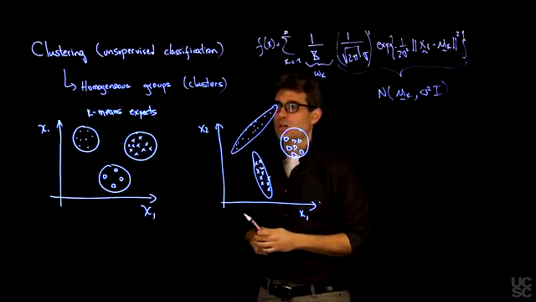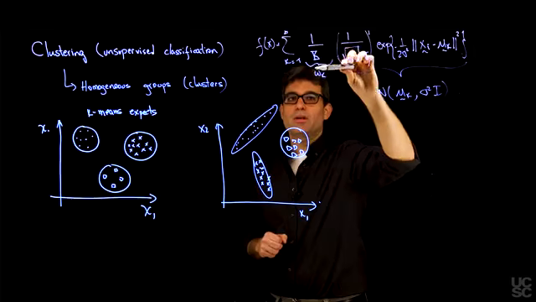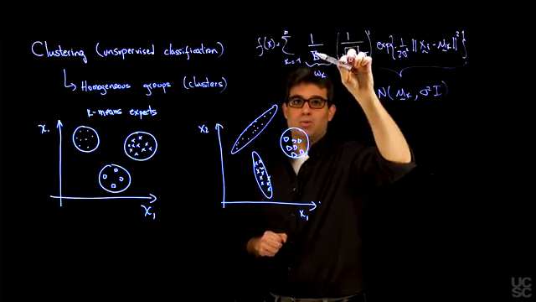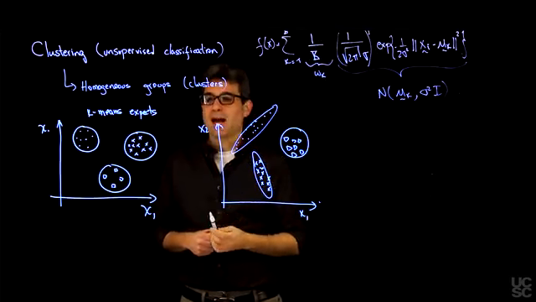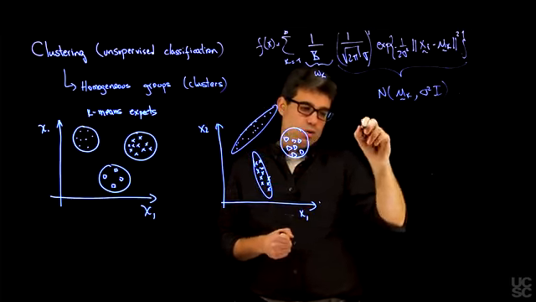The other thing to observe is that in k-means clustering, you are assuming that the weights for each one of the components are the same, and it's 1 over capital K. What that essentially assumes is that you're expecting about the same number of observations in each one of the clusters.